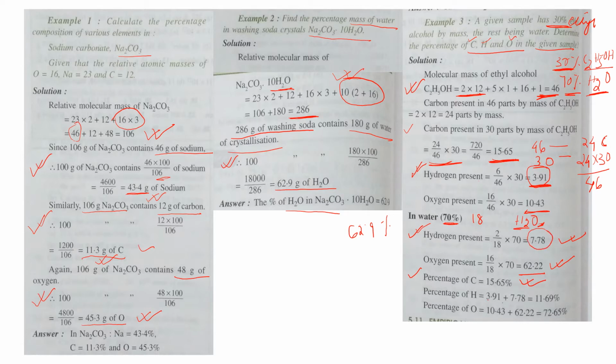So 3.91 plus 7.78 is total 11.69. Now percentage of oxygen from ethyl alcohol I am getting 10.43 and from water I am getting 62.22. So add this, 10.43 plus 62.22, total is 72.65. Have you understood?